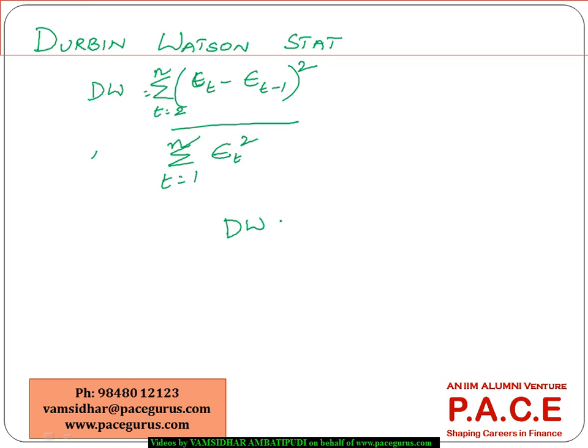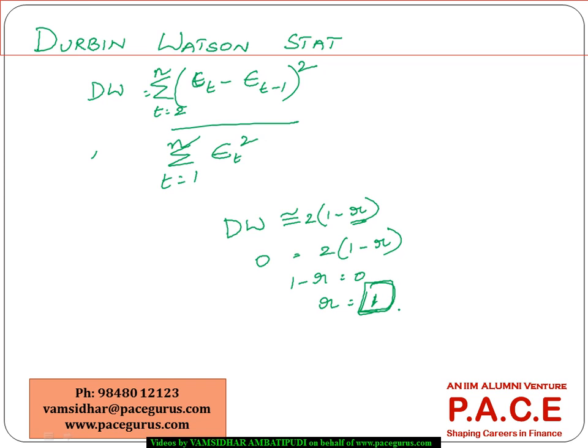If your sample size is very large, you take the Durbin-Watson approximately as equal to 2 into 1 minus R, where R is the autocorrelation that exists. In this case we got Durbin-Watson as 0, so 1 minus R equals 0, and R is coming very close to 1.